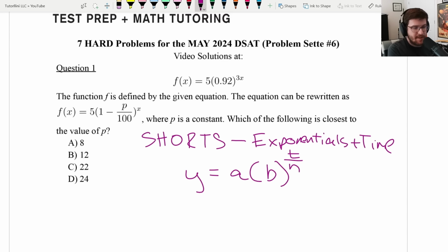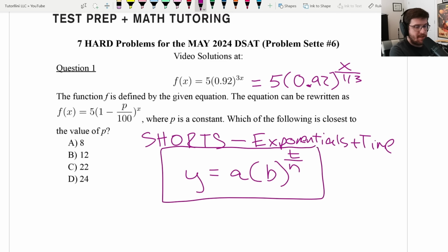My instinct would be to rewrite this like this, where we reciprocate the 3, the reciprocal of 3 is 1/3, and put it on the bottom so that we could more easily deduce the interval. See how what I just wrote looks more like the general equation which we're trying to compare it to. A times b to the t over n, where a is the initial value, b is the multiplier, t is just time, and n is the interval.